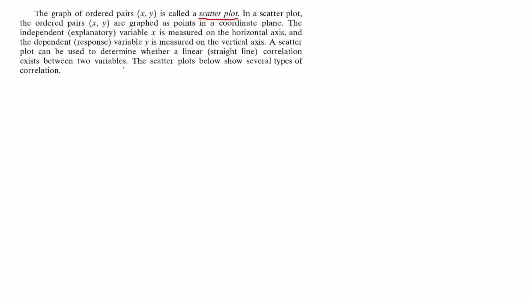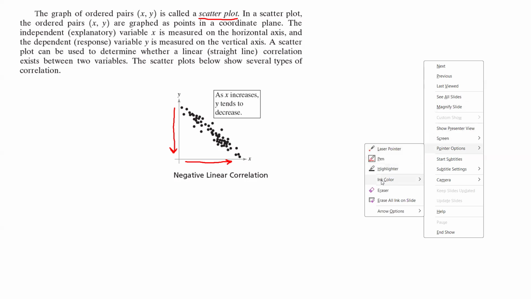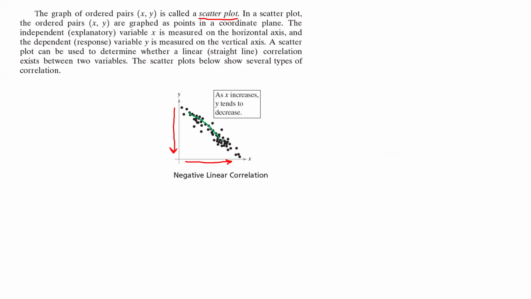The scatter plots below show several types of correlation. Let's take a look. For example, in this case, you see as x increases from left to right, your y values start decreasing. Then the line that is representing this linear relation can be fitted here.